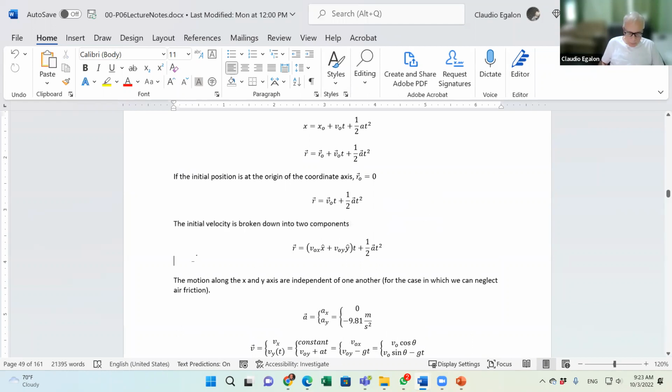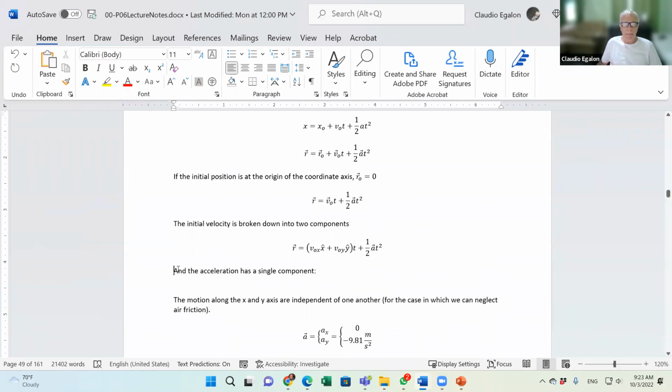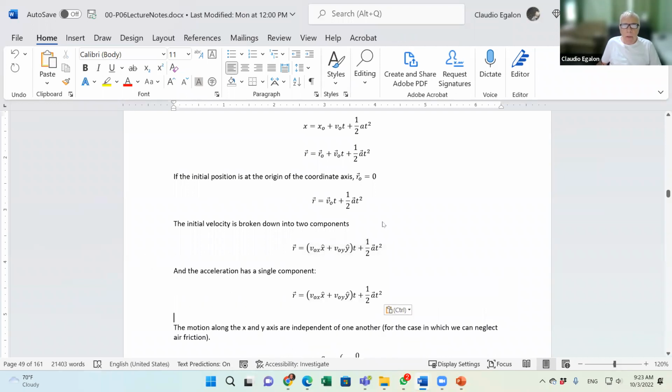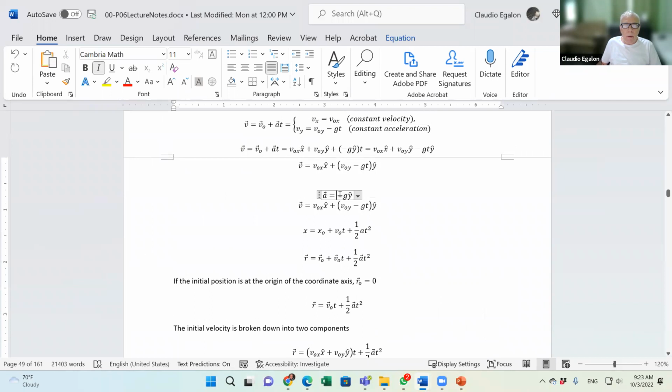And the acceleration has a single component, which is, I'm going to write it. Like here, that's the one I want.